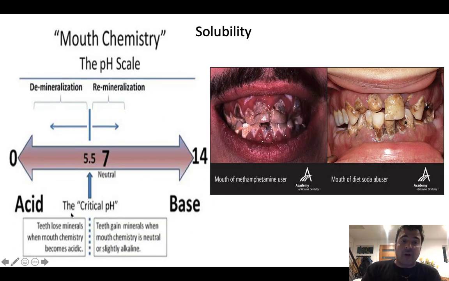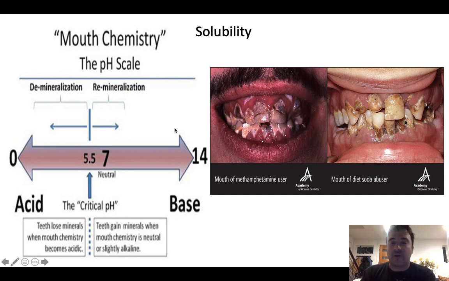Now, when I say solubility, let's take a look at the enamel in your teeth. Any solution with a pH above 5.5 is not going to impact the enamel on your teeth. So you can drink tap water, which a lot of times is a little bit acidic depending on the aquifer you get it from.